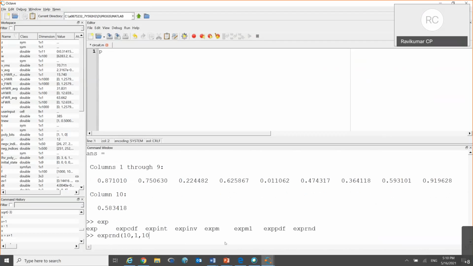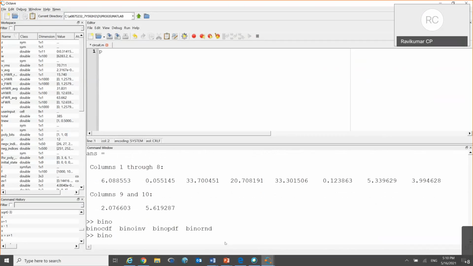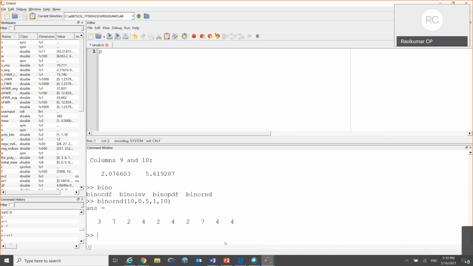And again, maybe I want 10 numbers. Here the mu value is 10. Similarly, you can generate binomially distributed random numbers. Here you need n and p values to be given, and the number of random numbers you want to generate.